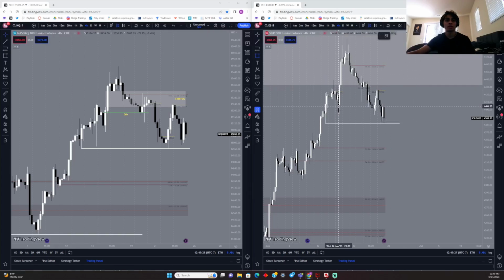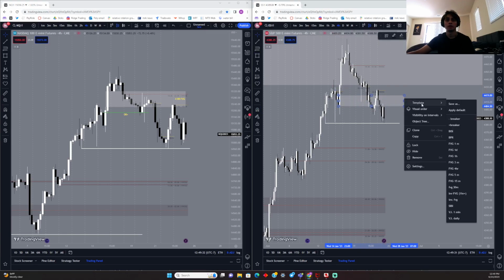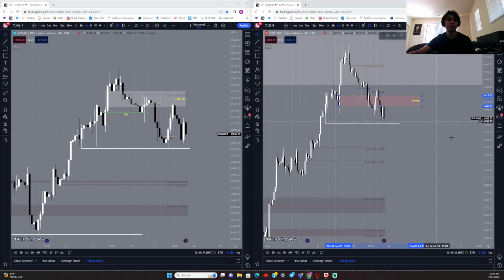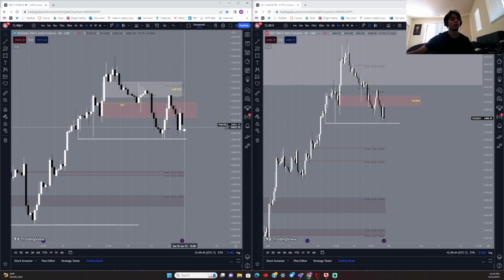We do have this order block here that is now going to be acting as a breaker block on the 4-hour chart. So definitely that's something to keep in mind. Same thing here on NQ, right? We have this 4-hour breaker now that we are getting closes underneath this order block.